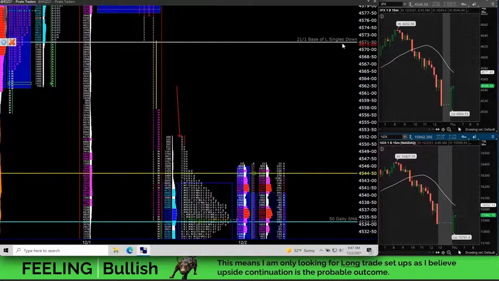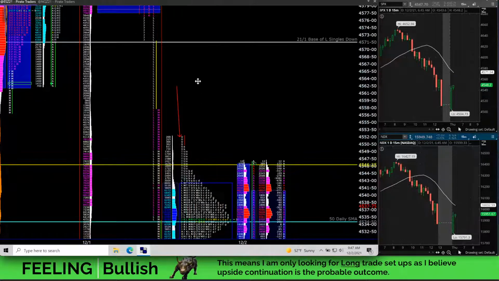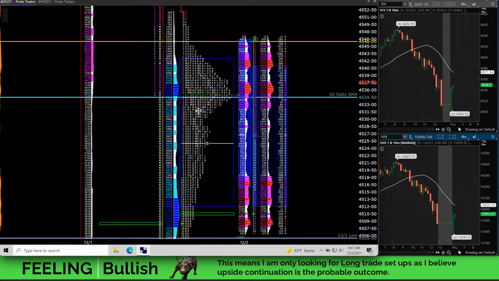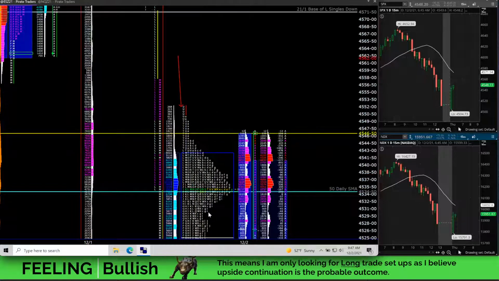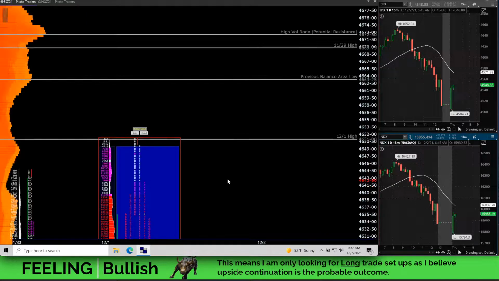But the base of single prints functions the same as the base of a spike as resistance on the way back up. So, tomato, tomato, it's all pretty much the same. But it would be fair to call that the spike.